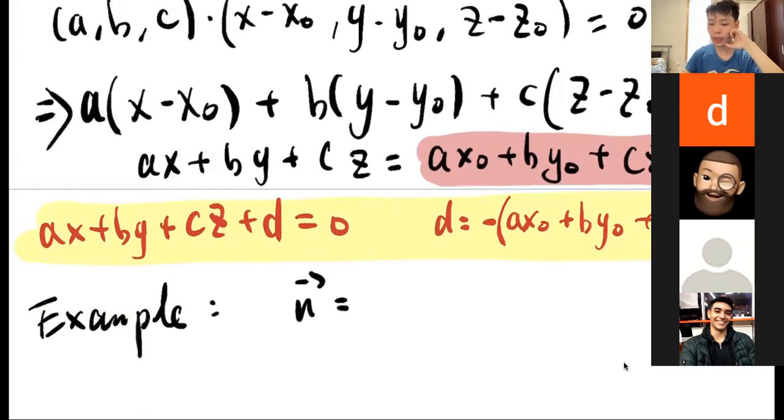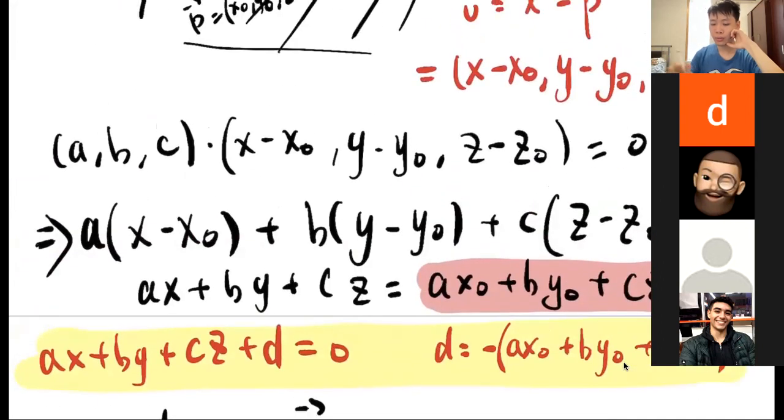So first of all, do you understand the red part? No. All right, so the red part, you basically just distributed the a to everything. That's how the inner product works, right? B times this, C times this. So this comes from the inner product of these two vectors. You good? Yes. Okay.